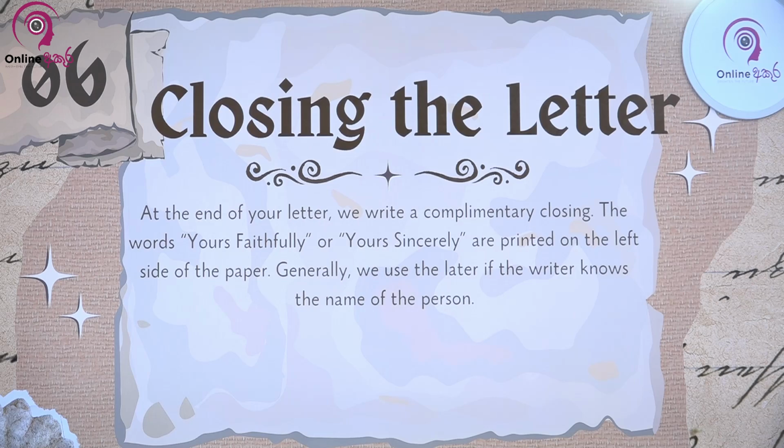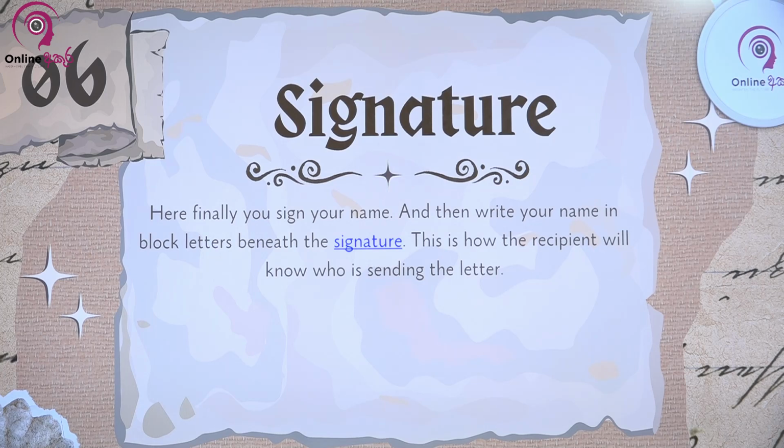And then we come to the closing of the letter. So here, not like an informal letter, you have to be once again very polite and respectful. You can use phrases like yours faithfully, yours sincerely, and that is also on the left hand side of the paper. And then the signature. Now, you may be a student in the school, but still in this case you have to tell them who you are.